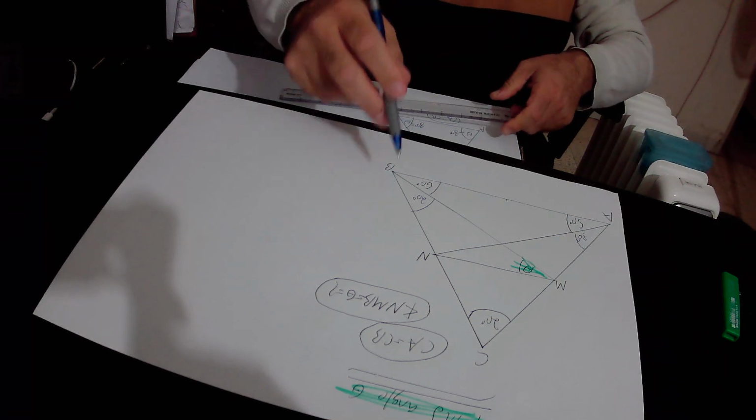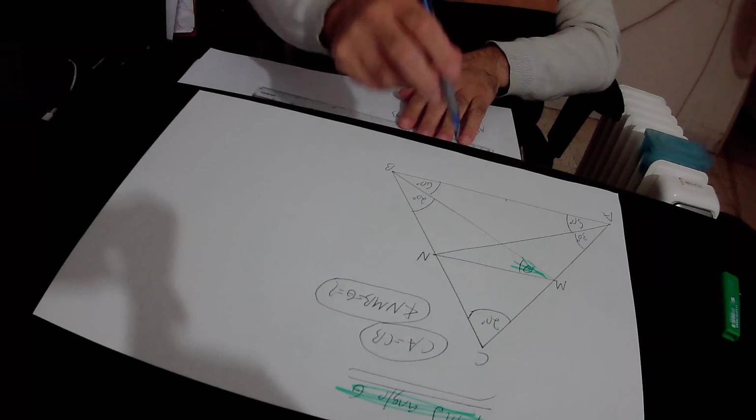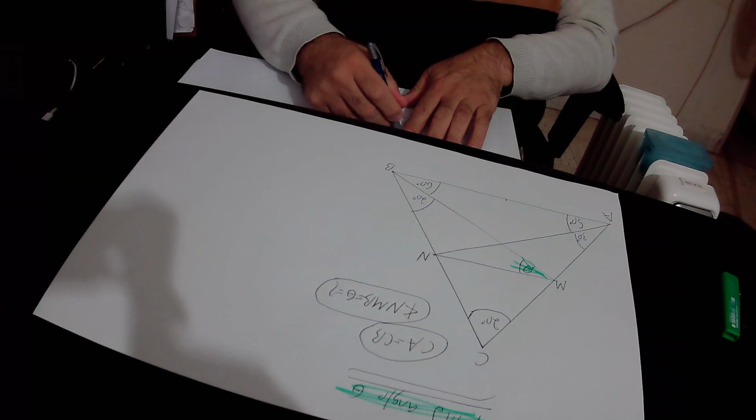In the next step, we focus on triangle ANB. So I copy triangle ANB in a new page and we will analyze it.